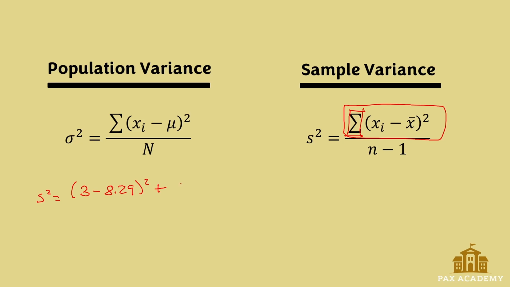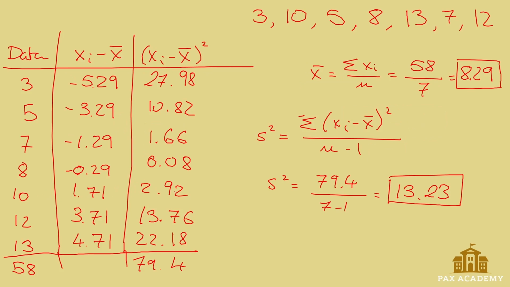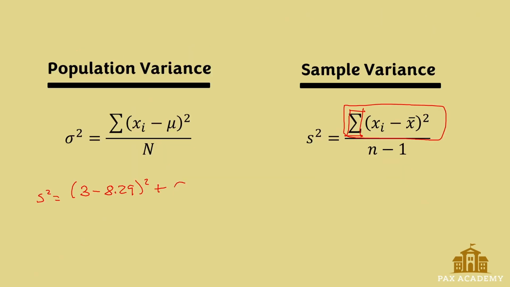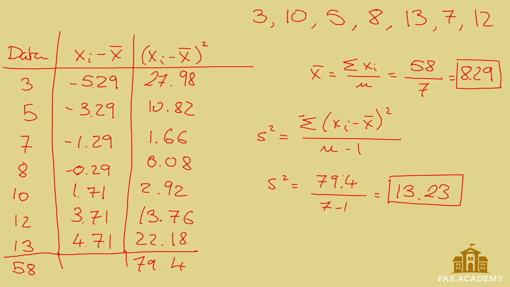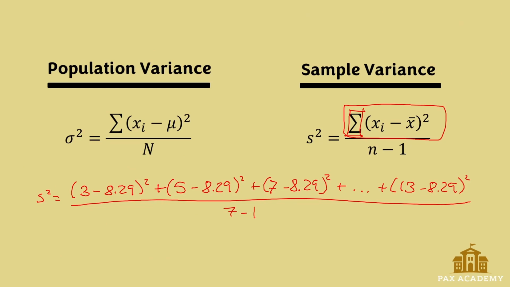You do the same for the second data point, which we know is 5, so plus 5 minus 8.29 squared. Then the third one, 7 minus 8.29 squared. You would go on up to the last data point, which in our case is 13, so plus 13 minus 8.29 squared, and then this whole thing over n minus 1, the sample size minus 1, which we know is 7 minus 1.